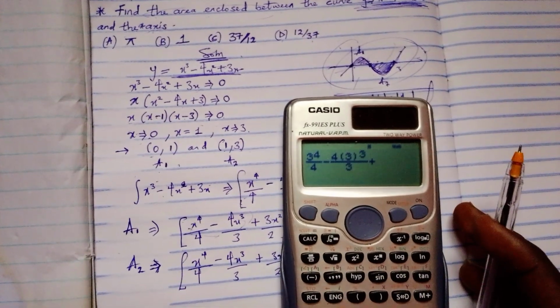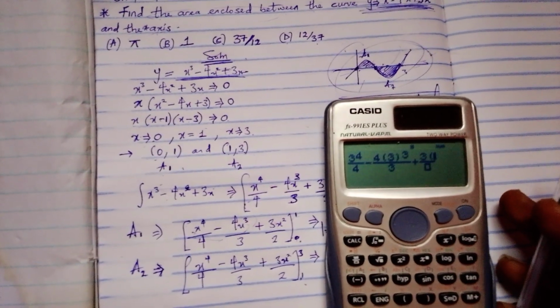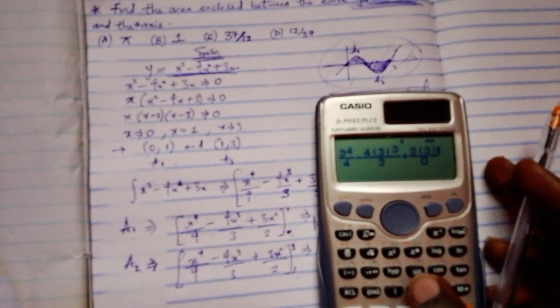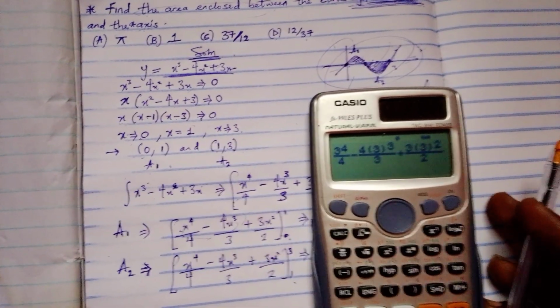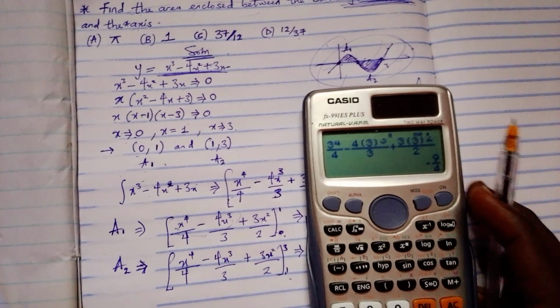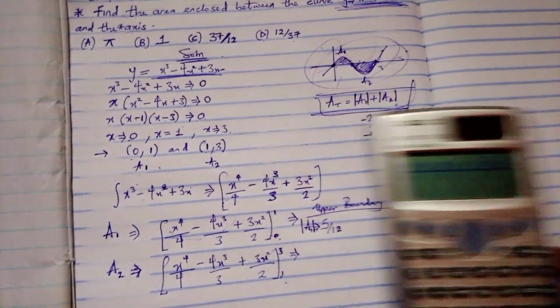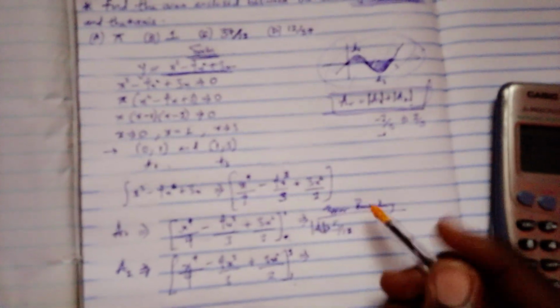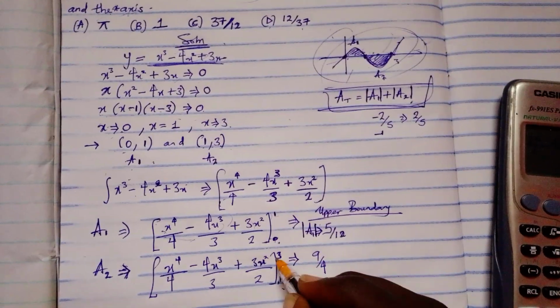Plus, the other term, 3 raised to power 2 all divided by 2, right? So what's the answer? Our answer here is 9/4. So that's 9/4 for this upper boundary.